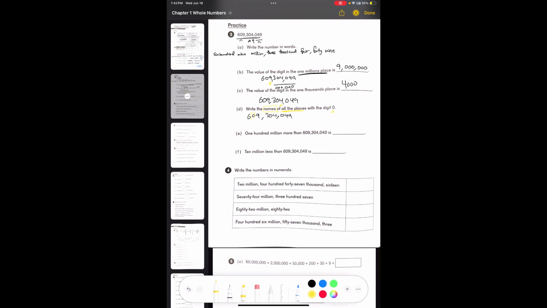So first thing we want to do is find all the zeros and write the names of each as words. So here we have 10 million, so our first answer is 10 million. The next one is at 10,000, so we just write 10,000. The next one is 100, so we just write 100.